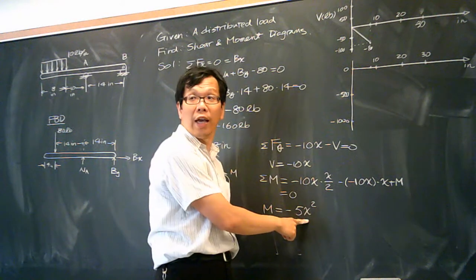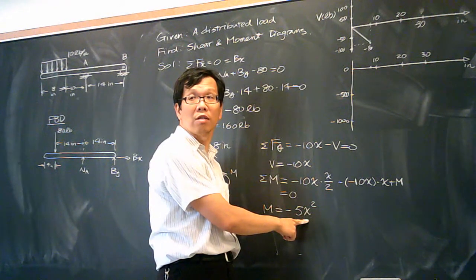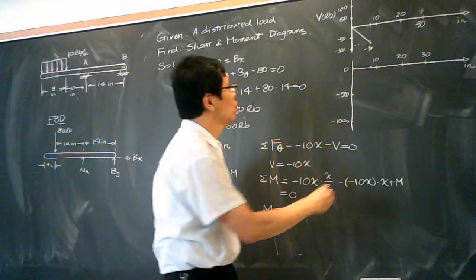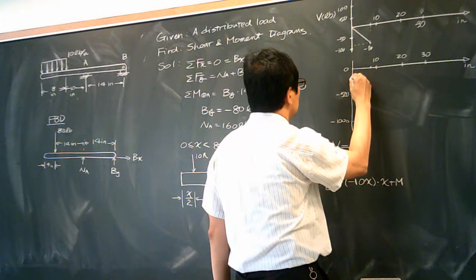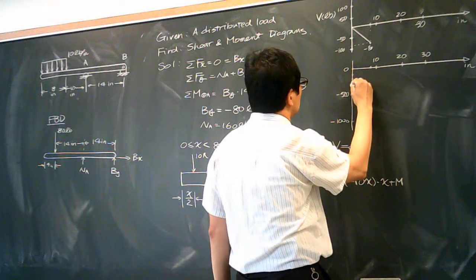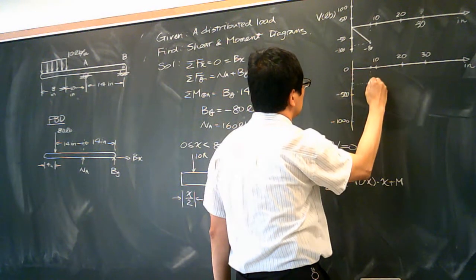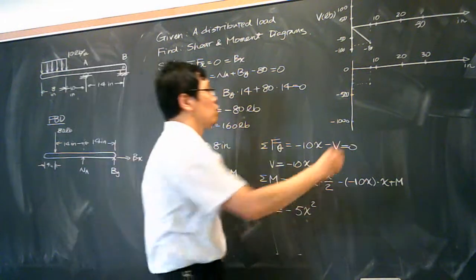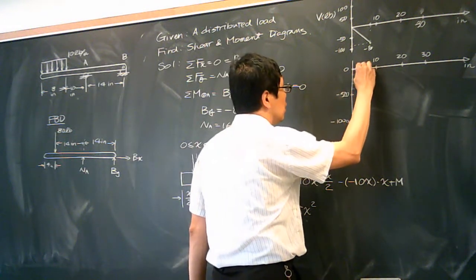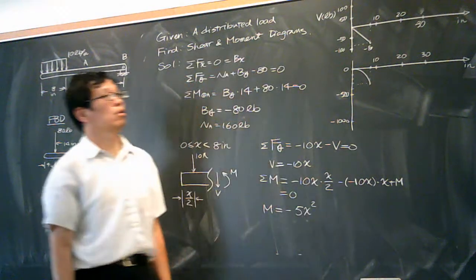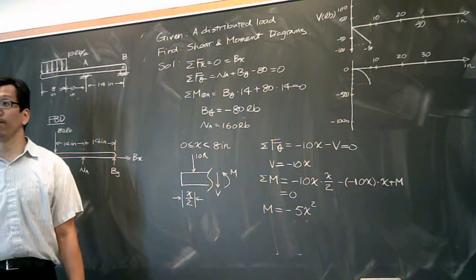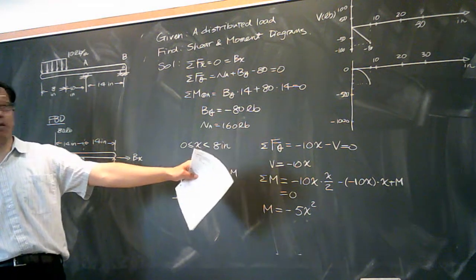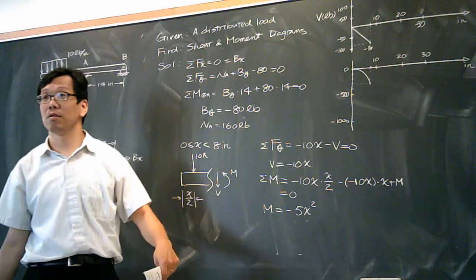Because you just plug 8 over here, 8 squared is what? 64. 64 multiplied by 5 is going to be 320. So it's going to be around here. Keep in mind, this is a quadratic equation, so don't just put a straight line. It's going to be something like this. Does that make sense to everybody? Everybody understand why I'm drawing those two lines?